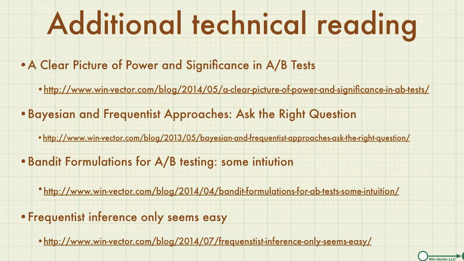Obviously, there are a lot of technical details. We have some writings on various pieces of the puzzle, such as a clear picture of power and significance of A/B tests, when to choose among Bayesian and frequentist methods, bandit formulations for campaign testing, and some puzzles that try to make frequentist inference seem as hard as Bayesian inference always seems to appear.